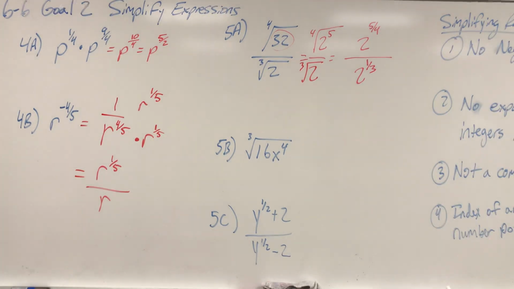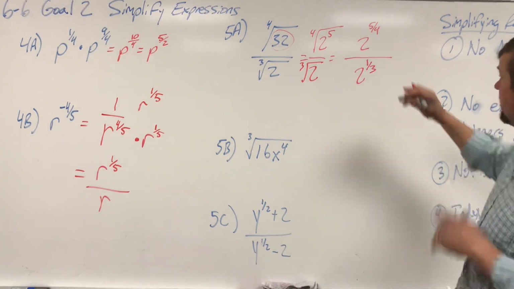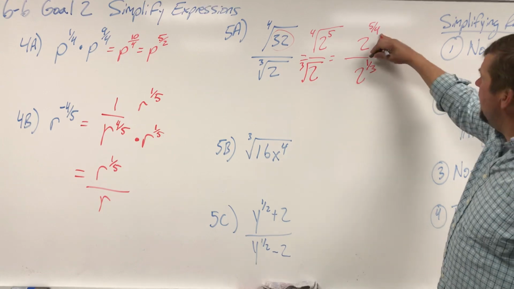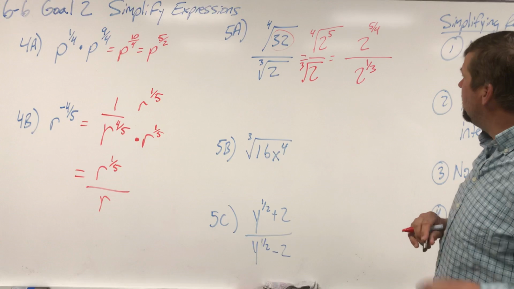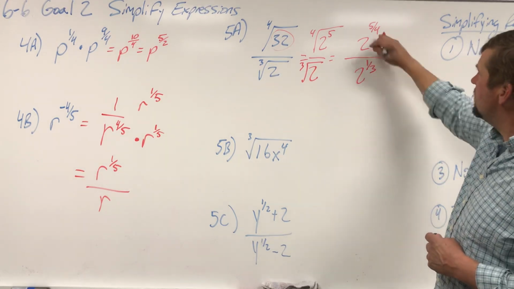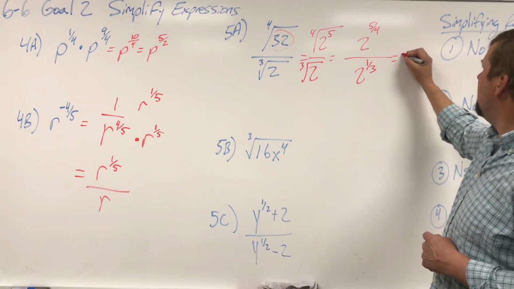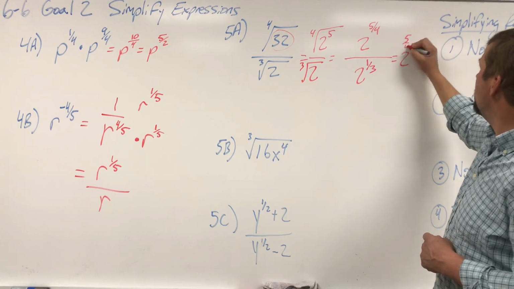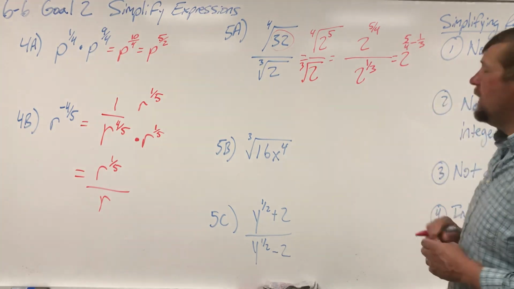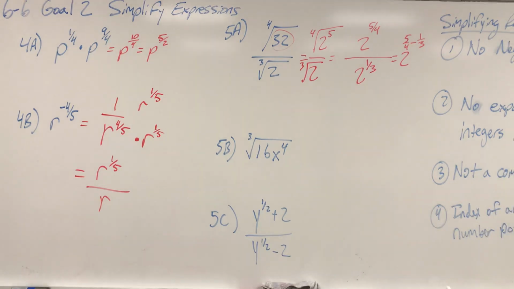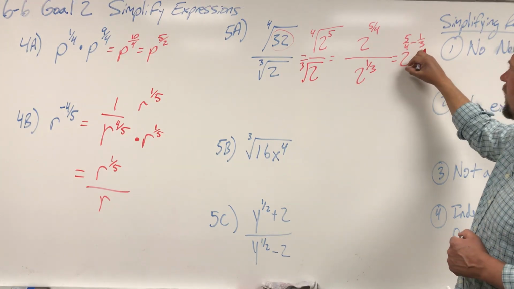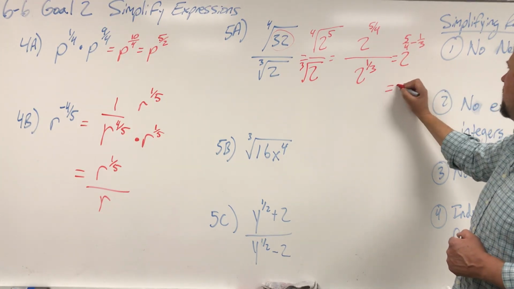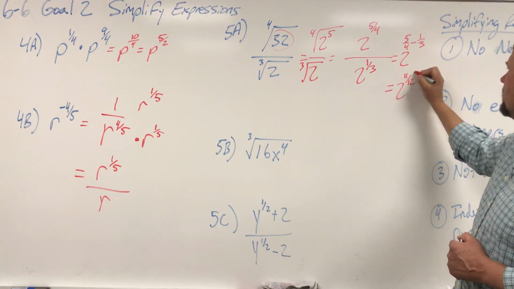Now I have the same base and rational exponents, so I can use the property that when you have the same base and you're dividing, you subtract the exponents. So that's 5/4 minus 1/3. Of course, you're going to have to get a common denominator here, and this is 15/12 minus 4/12. So that's 11/12. My answer is 2 to the 11/12.